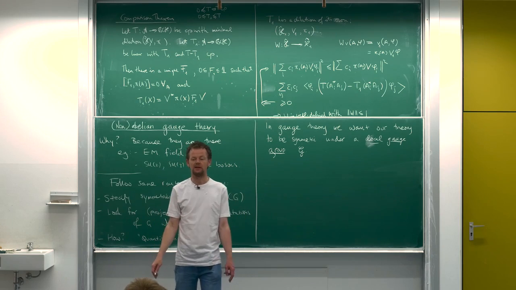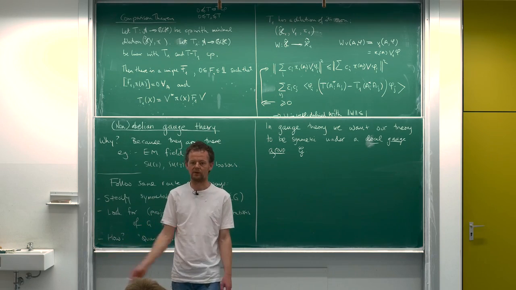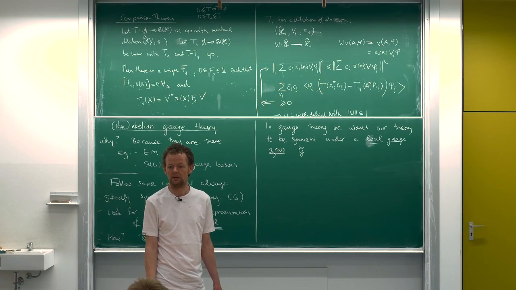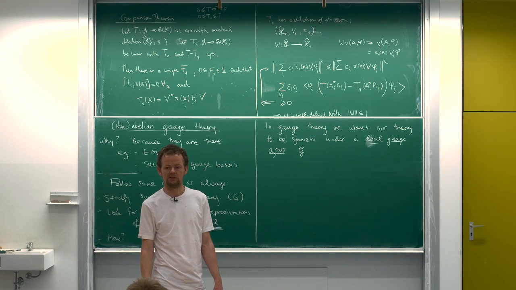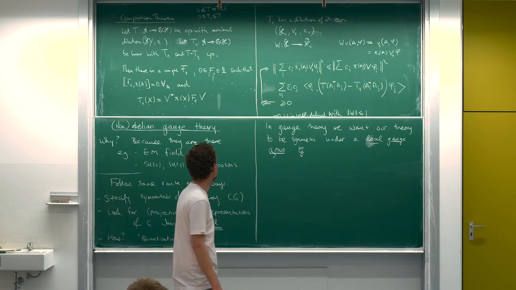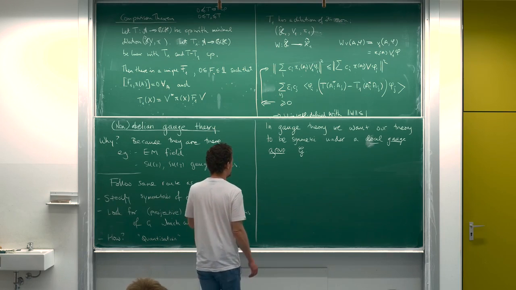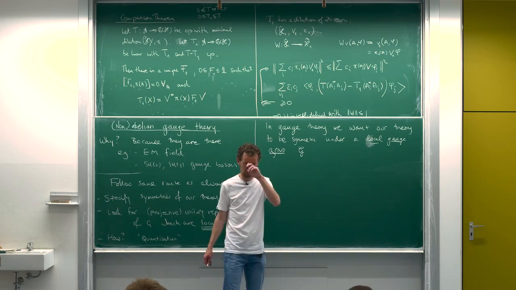Here's the difference. In gauge theory, of course we want it to be Poincare invariant. But we also want it to be additionally symmetric under a gigantic group known as the local gauge group.